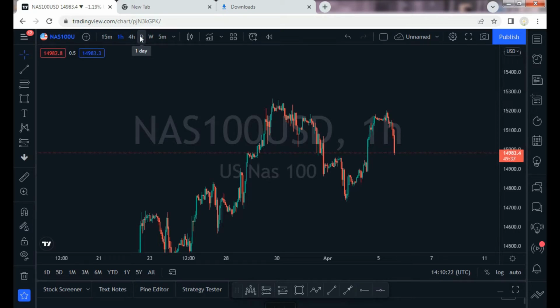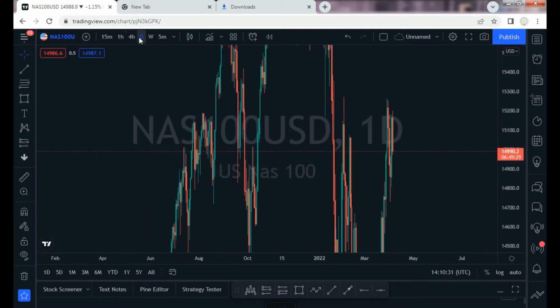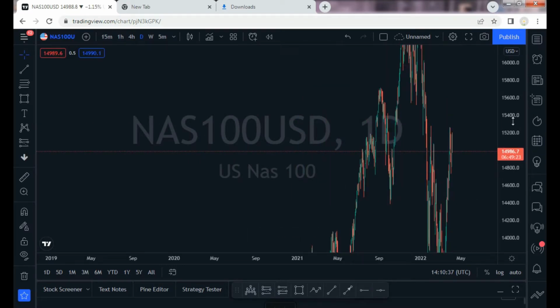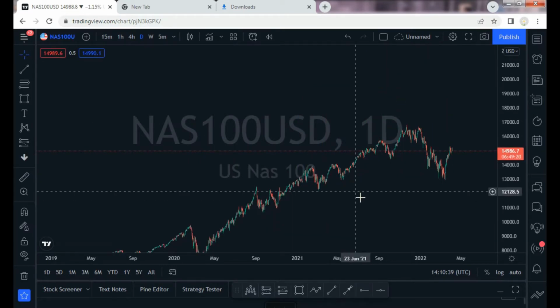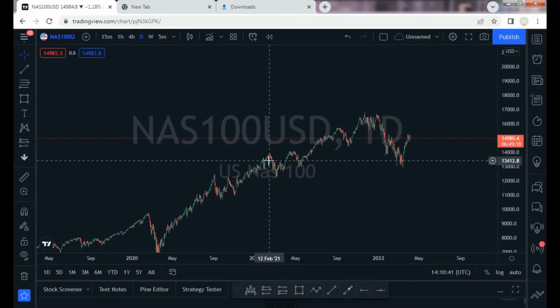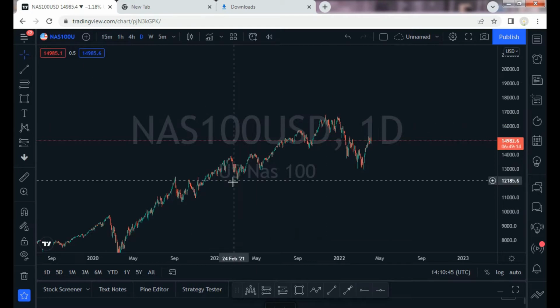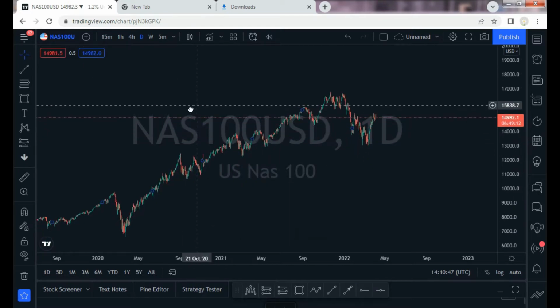Okay, so how I got into this trade was that I went to the daily time frame. You have to zoom out a little bit to get the general idea. The main reason we use the higher time frame to begin our analysis is just to get the overall trend of the market.